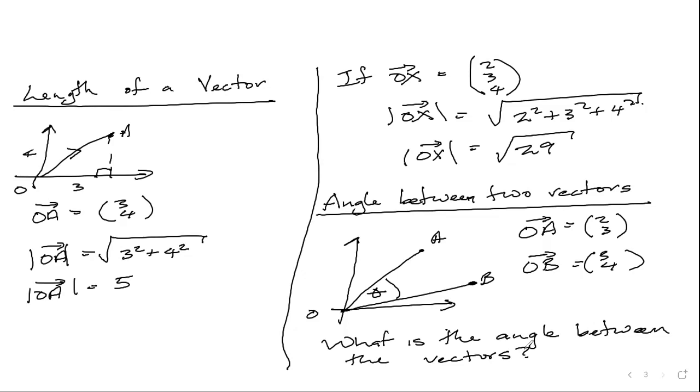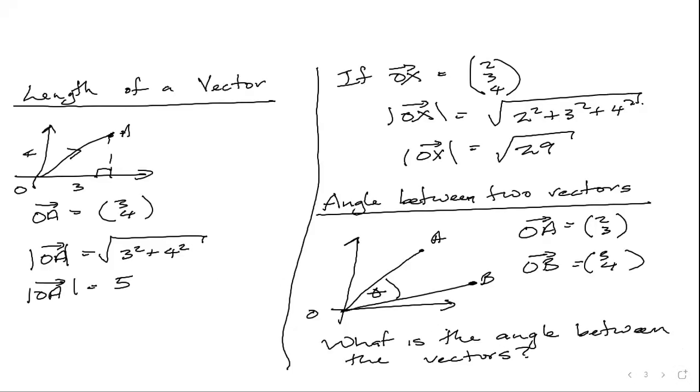All right, so we want to find the angle between the two vectors. The relationship for the angle between the two vectors is, oh, sorry. We have to use what is called the dot product to find the angle between the two vectors.